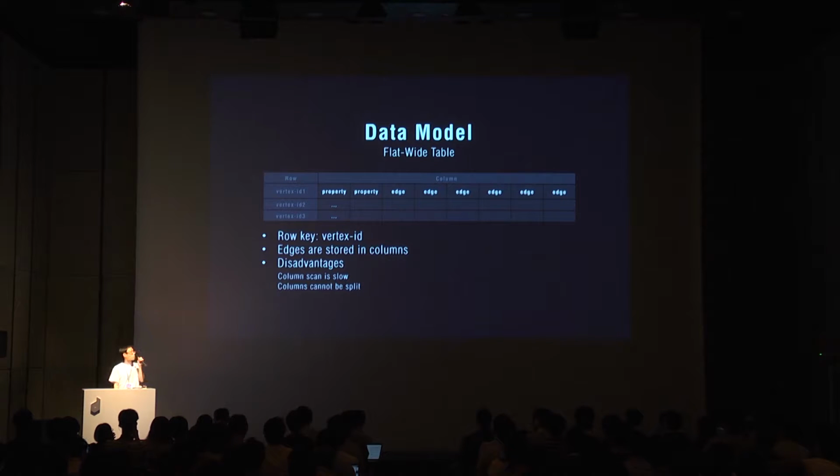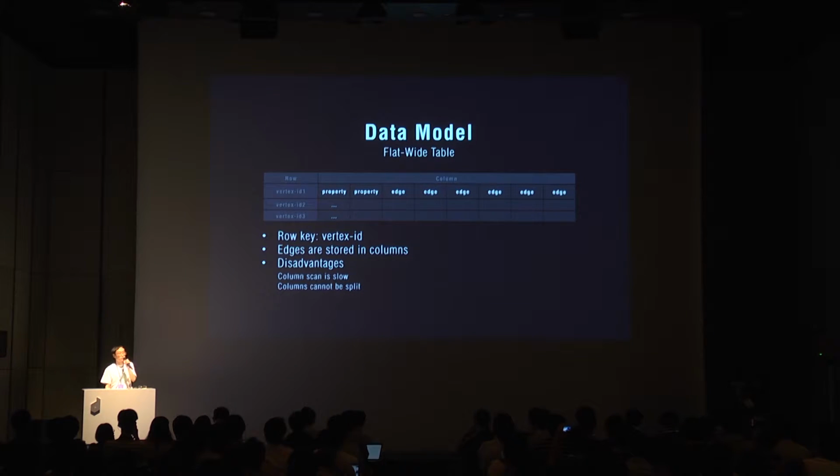Many graph database products choose to use a wide table model. This model clearly displays each edge is connected to a vertex. Vertex ID is used as a row key. Edges and properties are stored as columns.